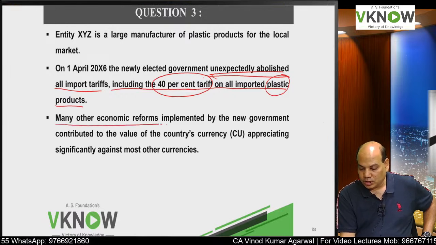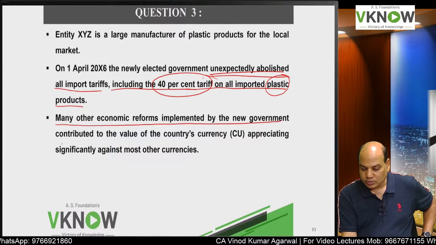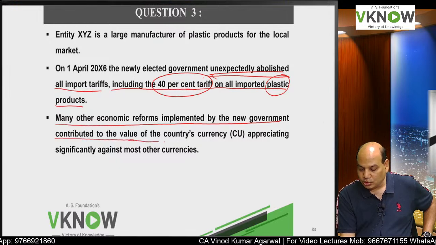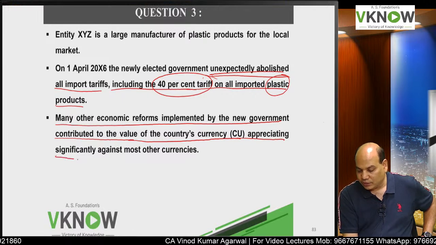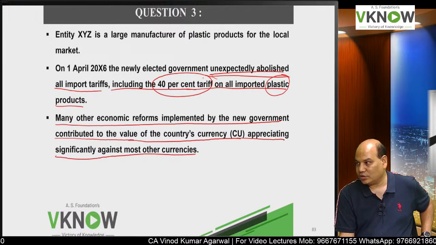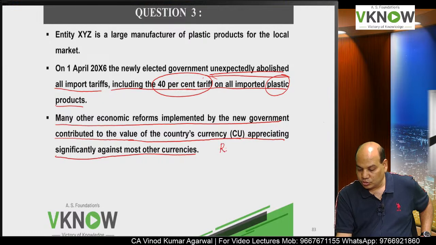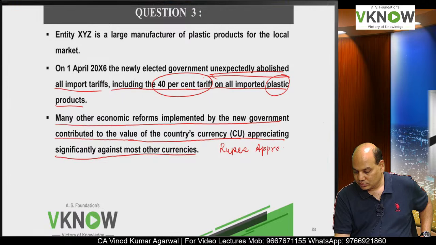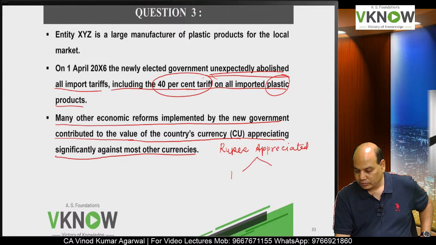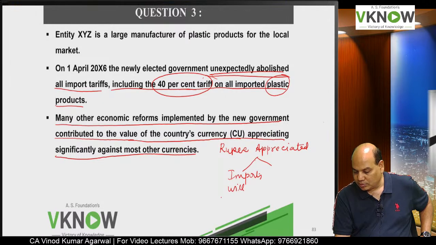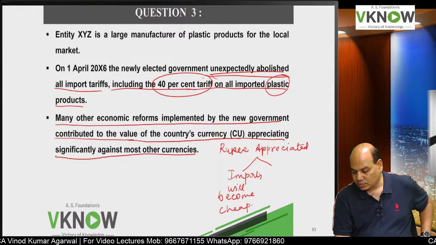Many other economic reforms implemented by the new government contributed to the value of the country's currency appreciating significantly against most other currencies, which means the rupee appreciated. If the rupee appreciated, what happens because of that? Imports will become cheaper or expensive? Cheaper.